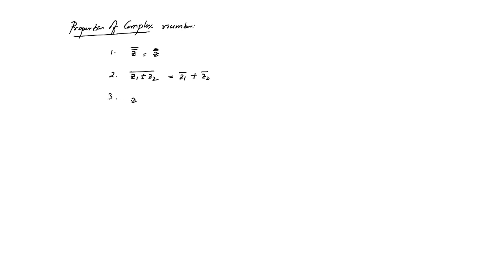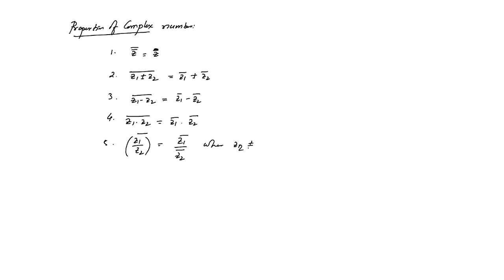Next, Z1 minus Z2, that conjugate, will be Z1 conjugate minus Z2 conjugate. Fourth is Z1 times Z2, the whole conjugate, which is Z1 conjugate times Z2 conjugate. Fifth, Z1 by Z2 whole conjugate, where Z2 is a non-zero complex number, is Z1 conjugate by Z2 conjugate.